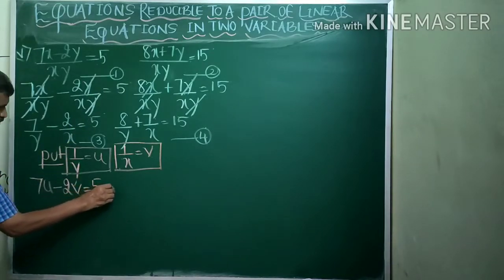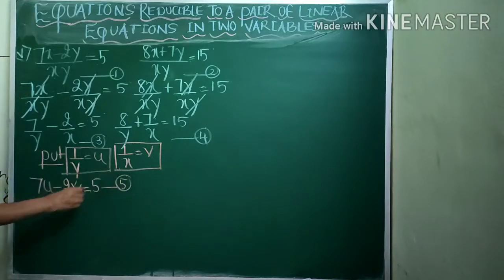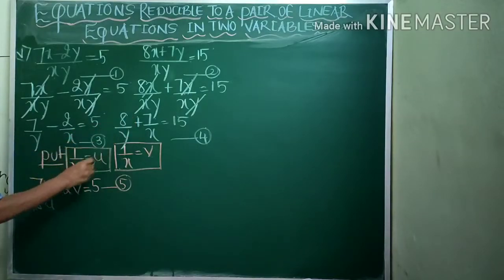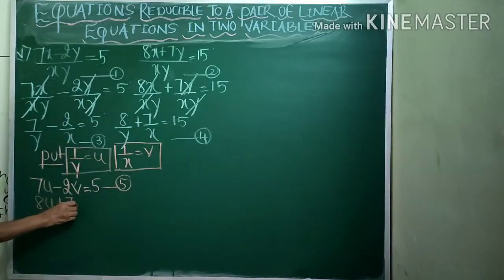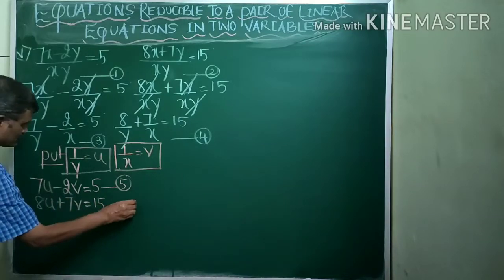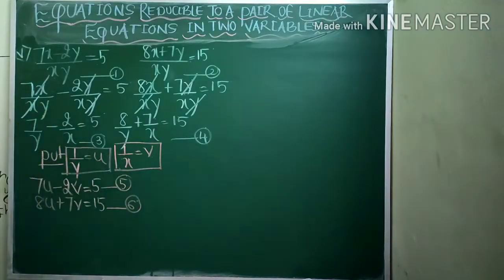This I will call equation number 5. Here, this equation will become 8u plus 7v is equal to 15. This I will call equation number 6.